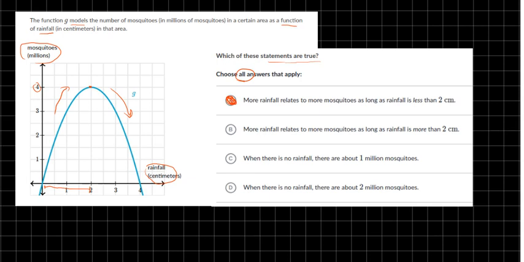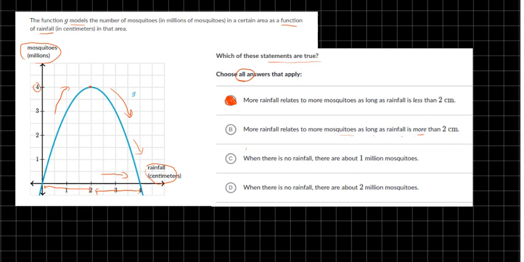More rainfall relates to more mosquitoes as long as rainfall is more than 2 centimeters. We need to look at this area over here. But when our rainfall goes up, our number of mosquitoes goes down, so this is not true.